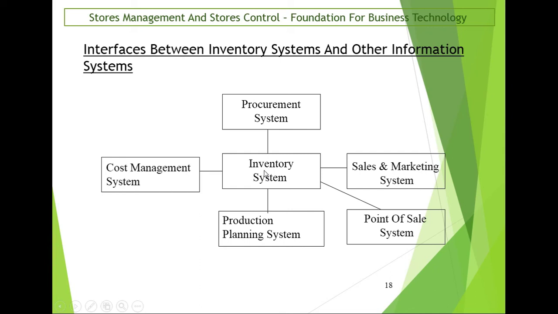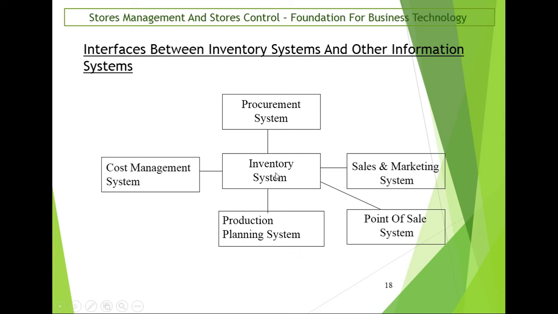The inventory system is also linked to the cost management system in the case where we are manufacturing or we are involved in maintenance and repairs, where we are issuing stock either to a job card for production or a job card for maintenance.